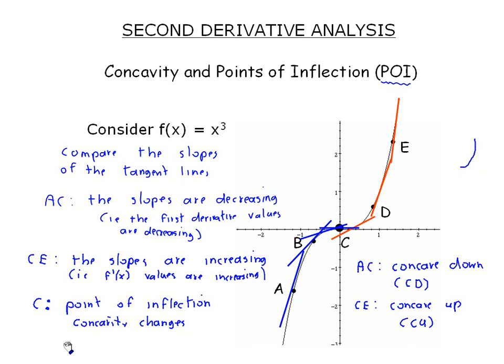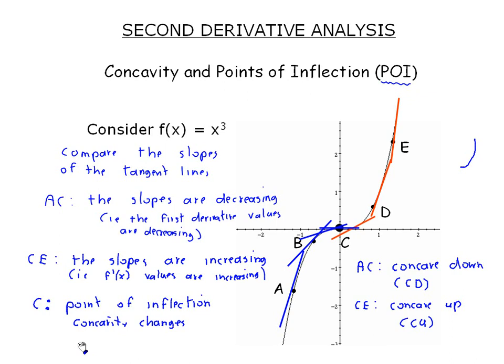And what's really happening is the rate of change of the first derivative is reflected in the second derivative. Because remember, any derivative is measuring the rate of change of the function that is being differentiated.